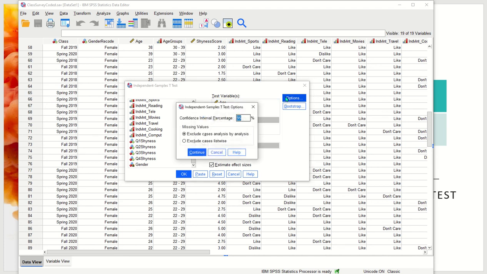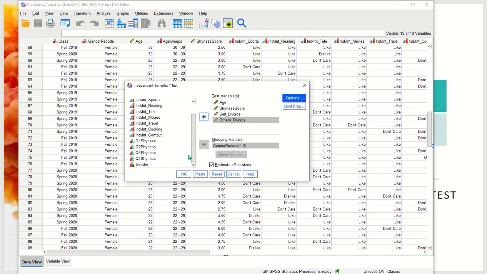And when you click options, this will let you, if you want to change it, it's typically set at a 95% confidence interval, meaning the alpha level is 5%, or 0.05. Sometimes people want to make it more stringent and put 99% or something else. We'll just keep it as it is.